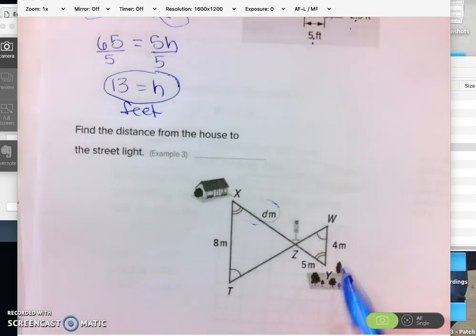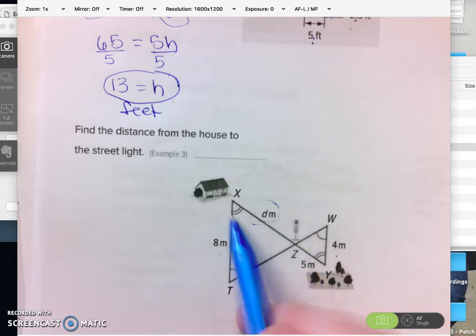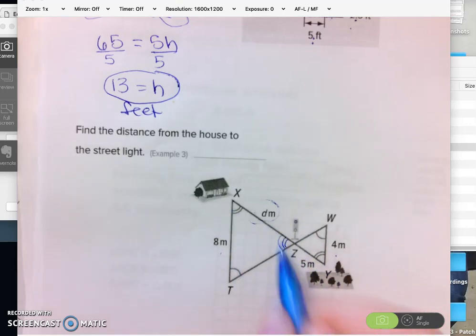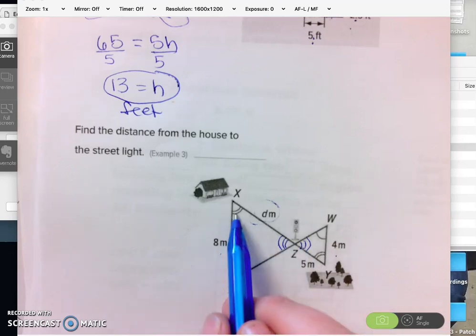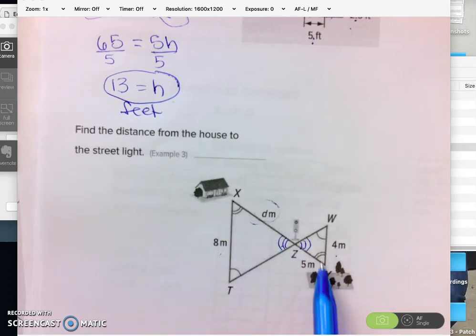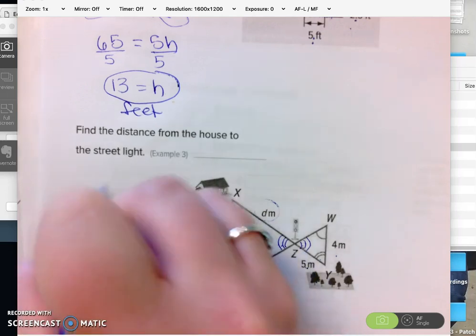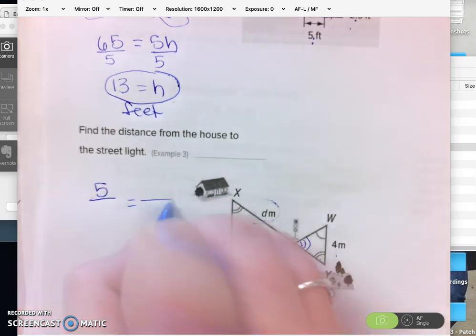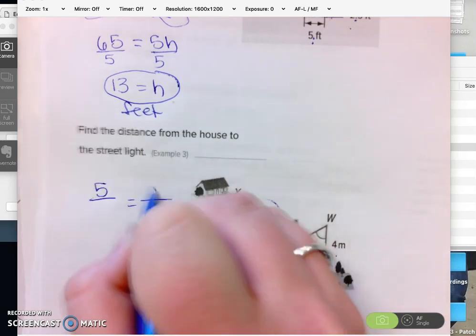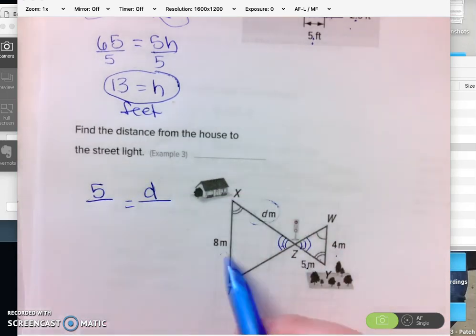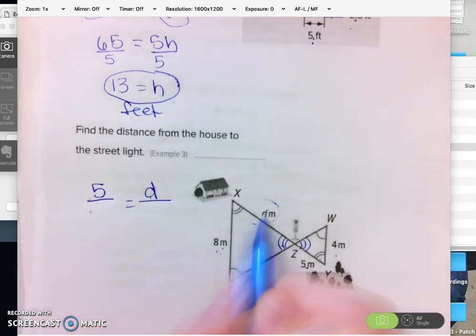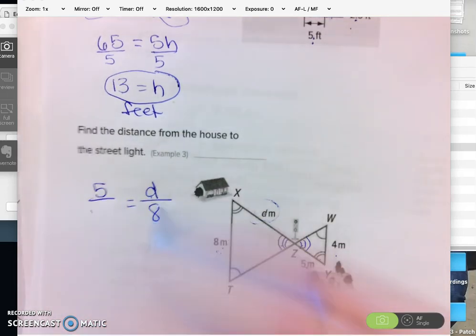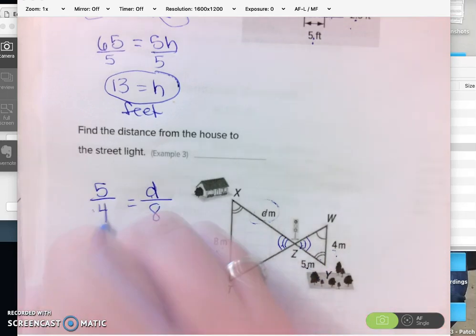If we know that this is 4, these get a little tricky because we have to show, like, so if this was 3 arcs, and this is 3 arcs because these are our vertical angles, so between the 2 and the 3, this 5 has something in common with our unknown D. And then we do know our 8, but we have to put the 8 with the D because it's in the same triangle. The 4 has to go with the 5.